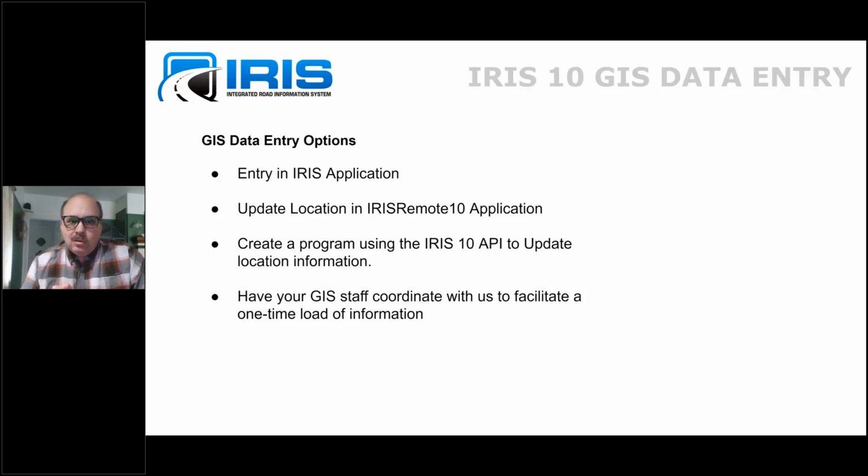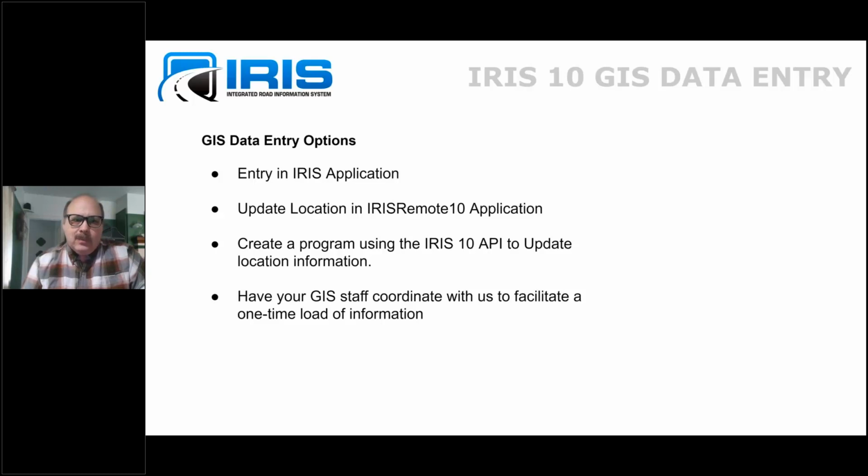You can use our new IRIS Remote version 10 application, which I'll go into, or you can use the API that I just talked about to create your own program to interface with the IRIS-10 system, or you can have your GIS staff coordinate with us to facilitate a one-time load of information.